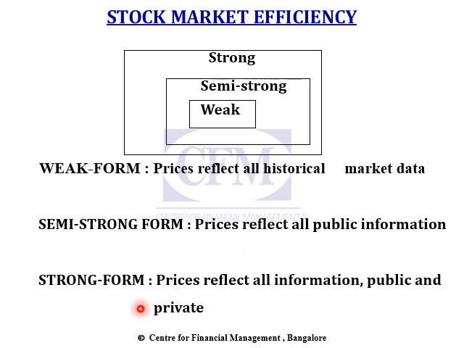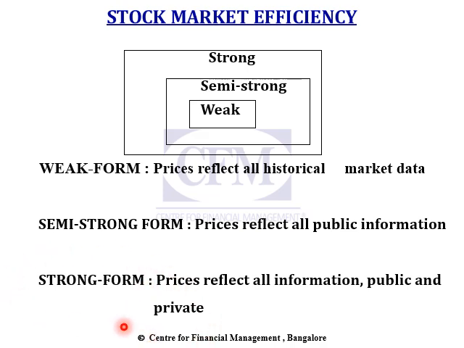Strong form efficiency is the highest form of efficiency. It assumes that prices reflect information which is both public and private. What is private information? Private information is information available to the CEO and some trusted lieutenants. This is also called insider information.